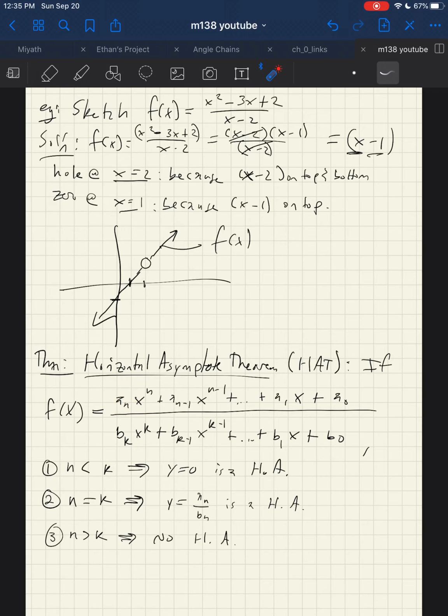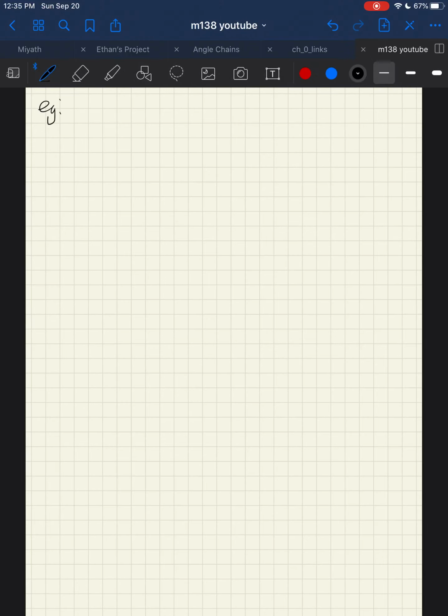There's a_n. Where's b_n? Well, there's b_k. So why did I write b_n here? Well, I wrote b_n here because this is in the case that n equals k. So if n equals k, then b_k is b_n. Okay, so that's just the ratio of the leading terms. That's how that works.